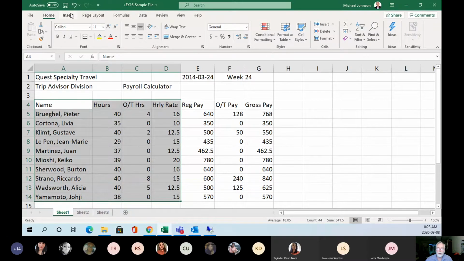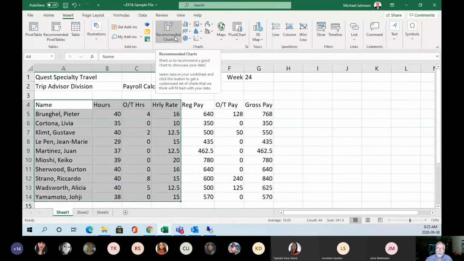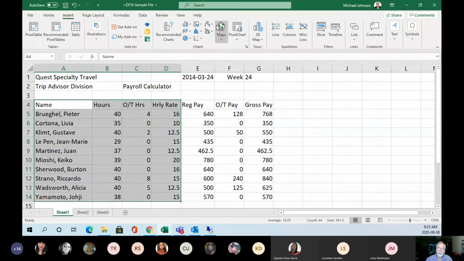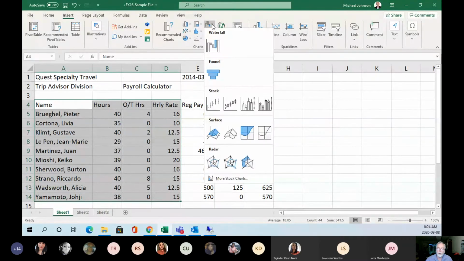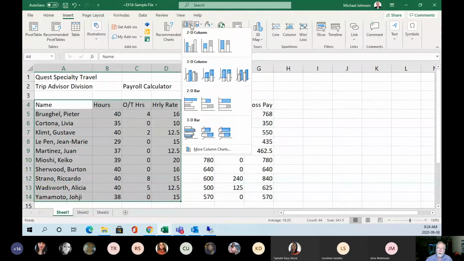So I can go back in here to insert. And by the way, we could use a quick analysis if we wanted to. There's another feature here which might help us, even though we can choose which particular chart we would like to use. And there are quite a few different varieties of chart here.